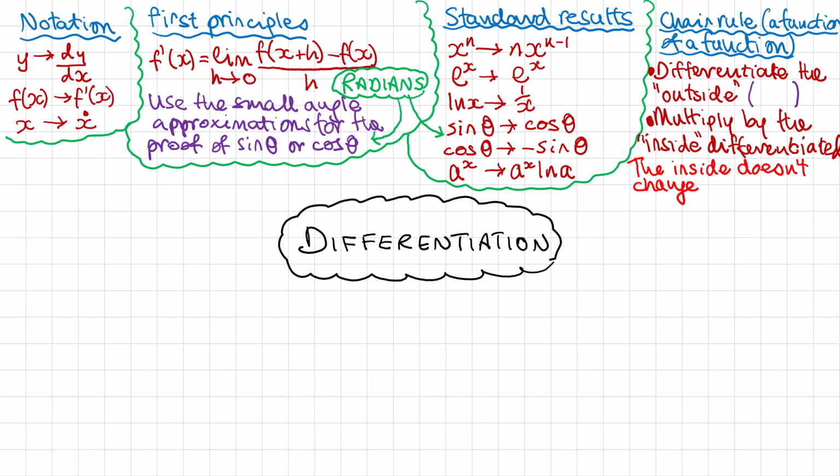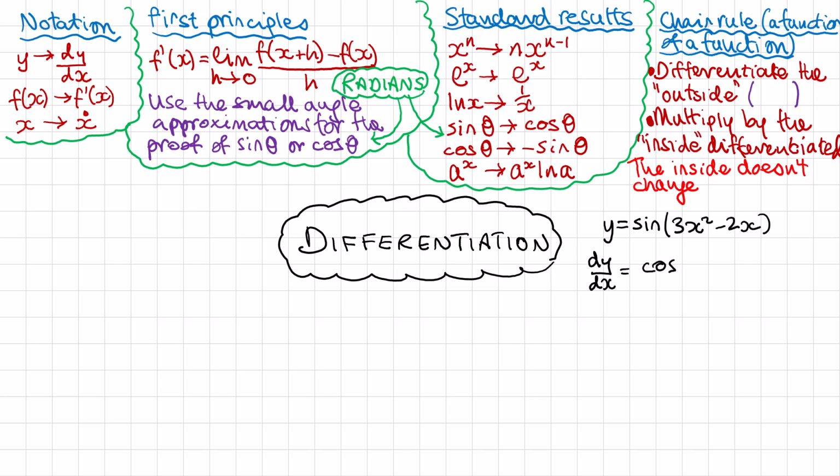So I'll do an example. So let's say we had y is equal to sine of (3x squared minus 2x), so I can clearly see that my outside is sine, the inside is this 3x squared minus 2x. Then dy/dx, differentiating the outside, sine becomes cos, that's one of the ones in my list here, so cos.